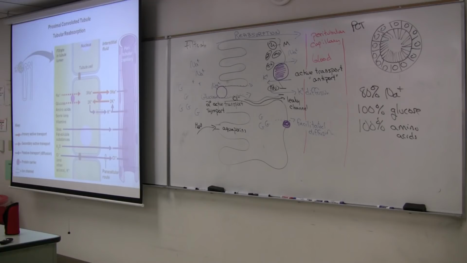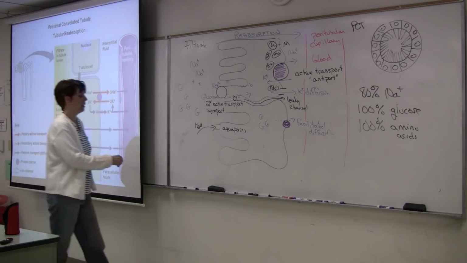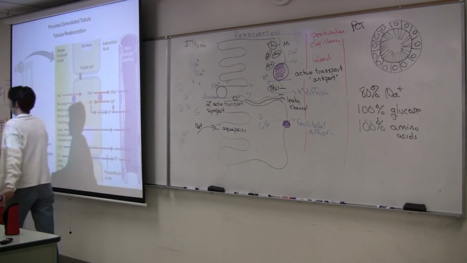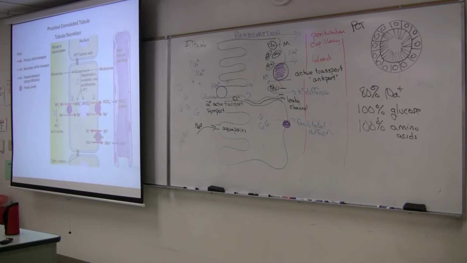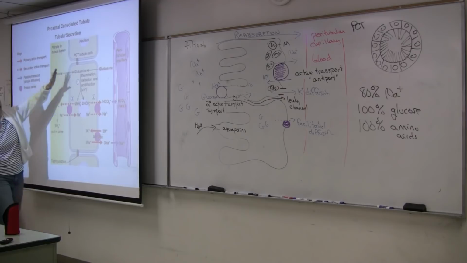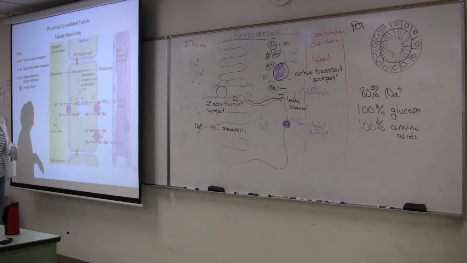Now, just before break, I want to define secretion, but we'll look at examples of secretion when we do acid-base balance on Tuesday of next week. I'm just going to show you the slide rather than redraw it. So don't worry about all this going on in here. We'll talk about that next week.